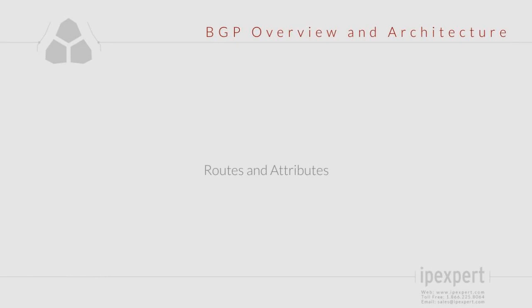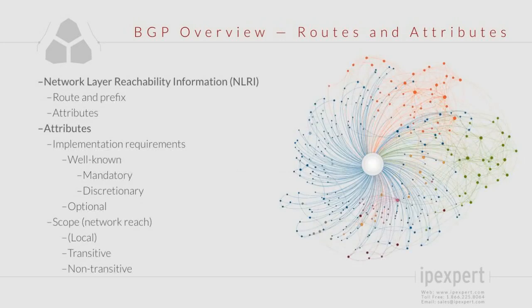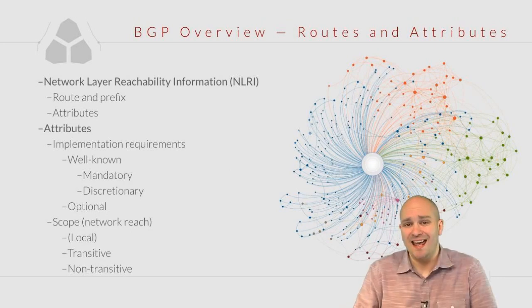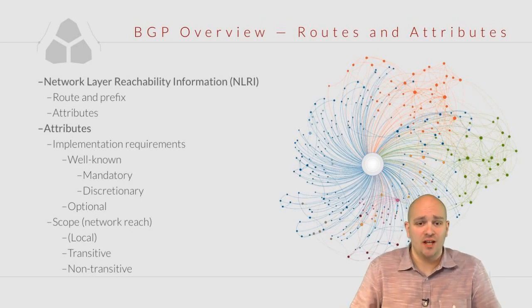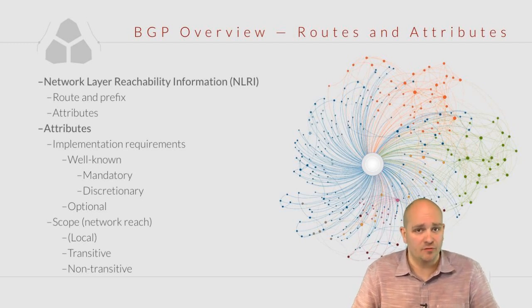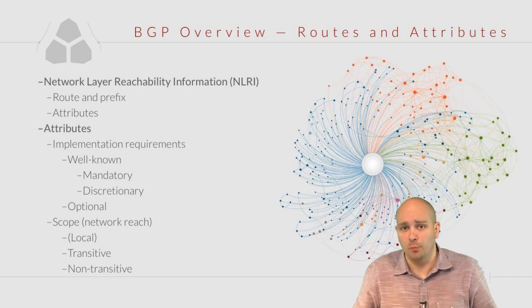Many times so far I have mentioned routes and attributes in BGP, so let's talk about them now. In BGP, the routes are carried in updates that are generally speaking called NLRIs, or the Network Layer Reachability Information. In its most generic form, NLRI consists of two parts.